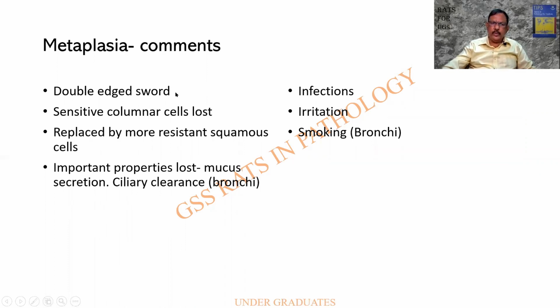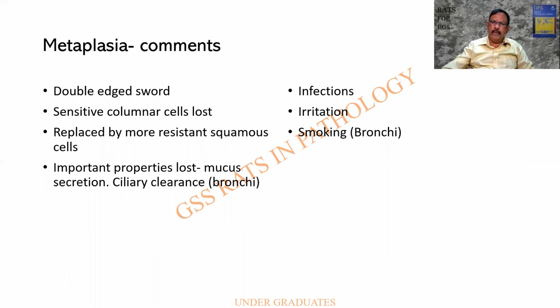It is a double-edged sword because the sensitive columnar cells are lost. Because of that, you find that the various functions like ciliary function, secretory function are all being lost. They are being replaced by the more resistant squamous cells. The cells don't get destroyed, but then they can go in for a squamous metaplasia, dysplasia, and even a carcinoma.